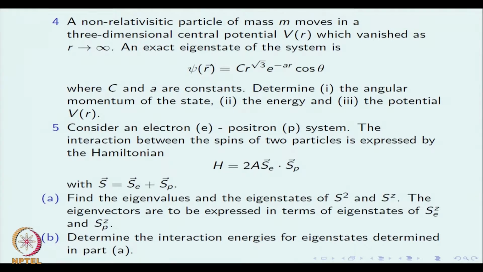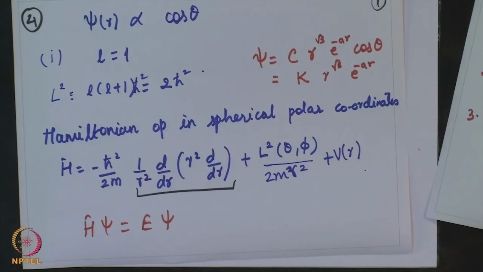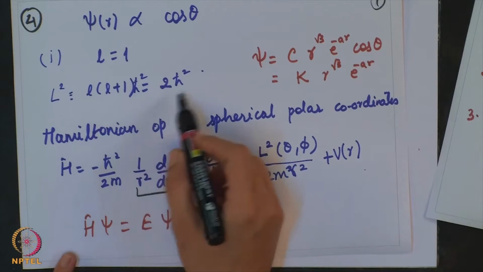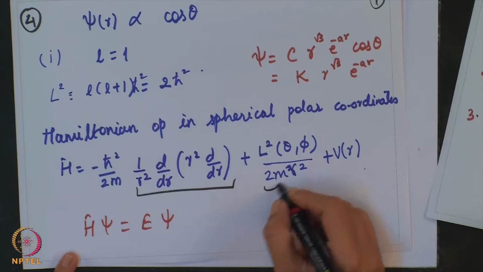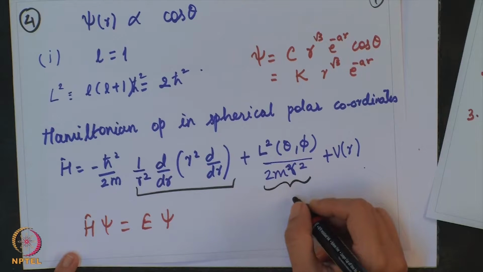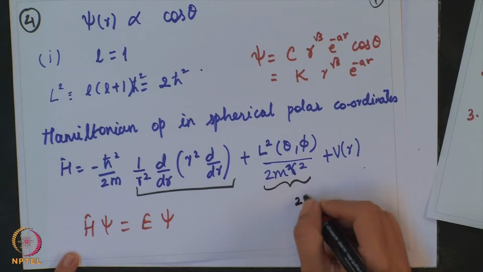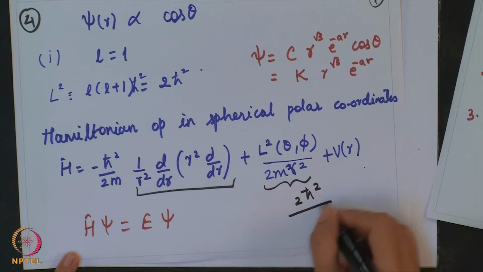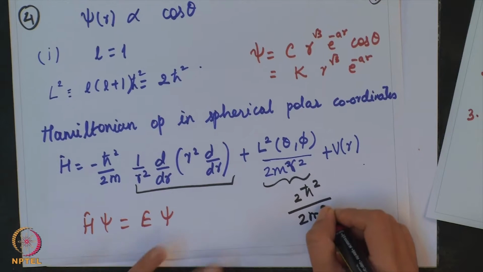Your L square, as I told you before, is 2h cross square. So, this term would turn out to be 2h cross square upon 2m r square.